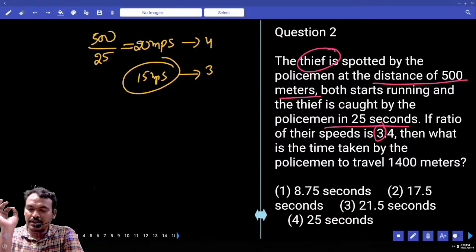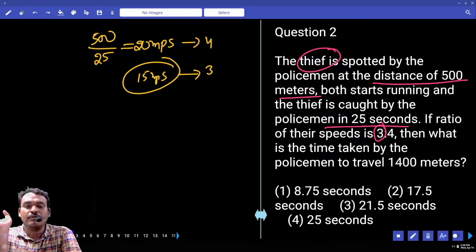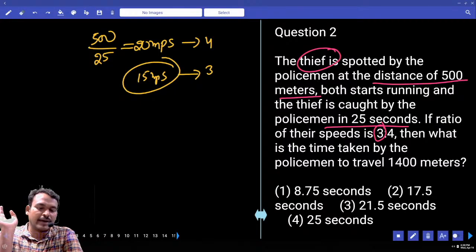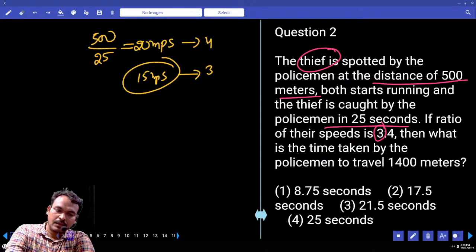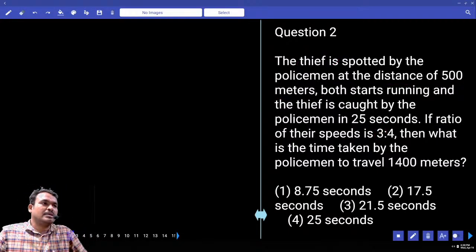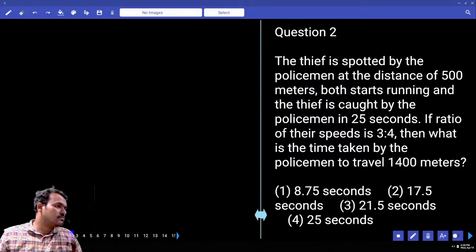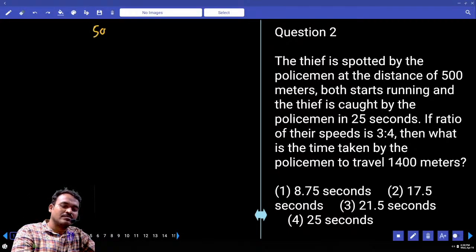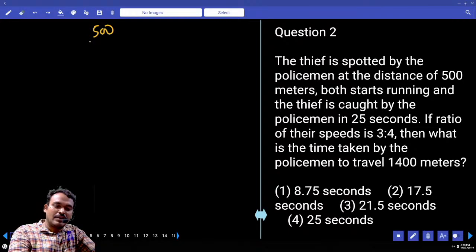3 parts. The thief is spotted by the policeman at a distance of 500 meters, but both start running, and the thief is caught by the policeman in 25 seconds.